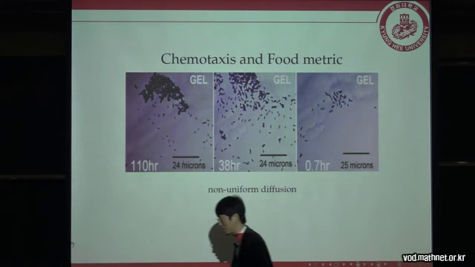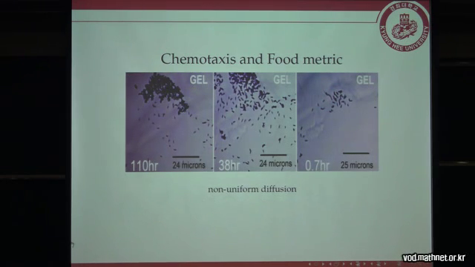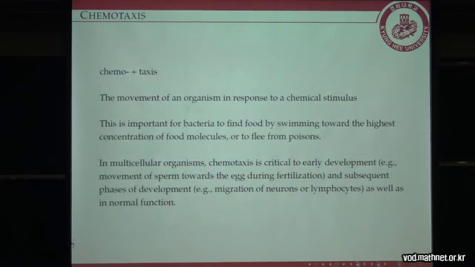Chemotaxis and photometry. Okay, so chemotaxis is the movement of an organism, and if we have some resource or morphogen, then some microscopic organism goes there. So to describe this phenomenon, we have several mathematical models.